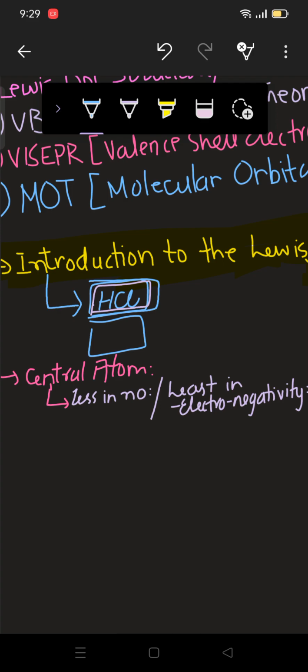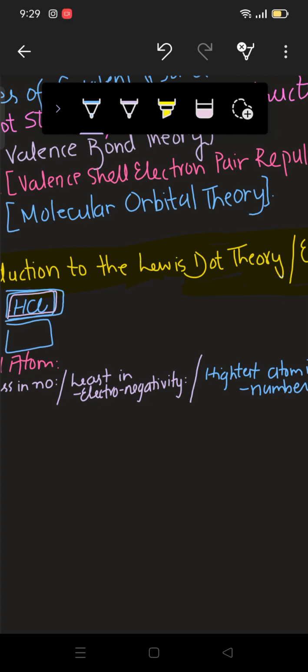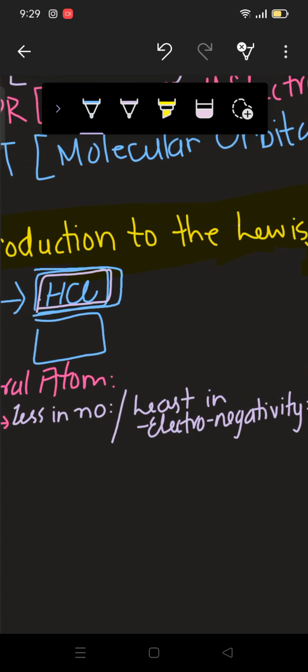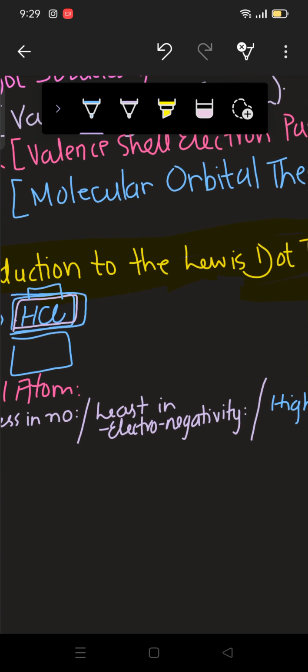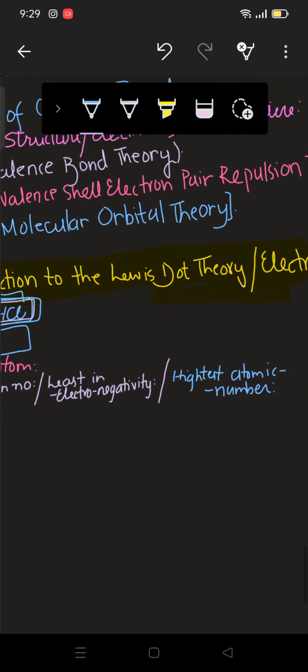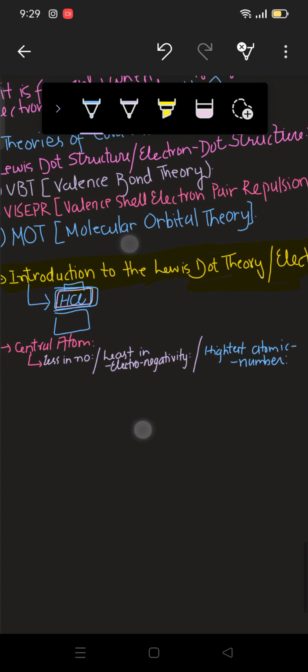The central atom you are going to choose must be least in electronegativity, and if not, which means if there is a compound and they don't have an electronegativity difference, then you may go towards another factor, and that is highest atomic number. So the one which will have the highest atomic number, that would be your central atom.